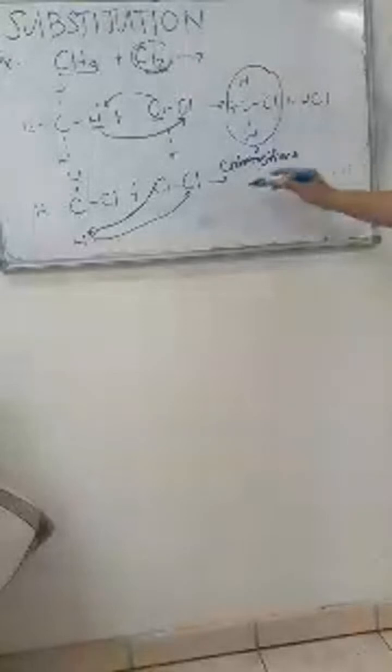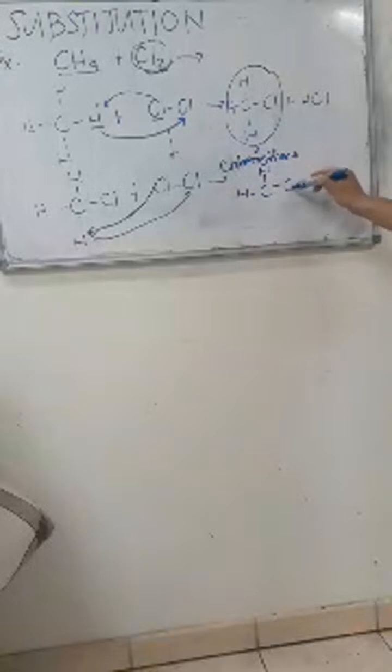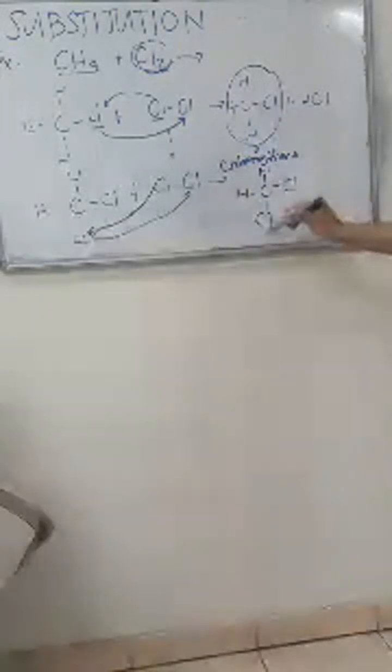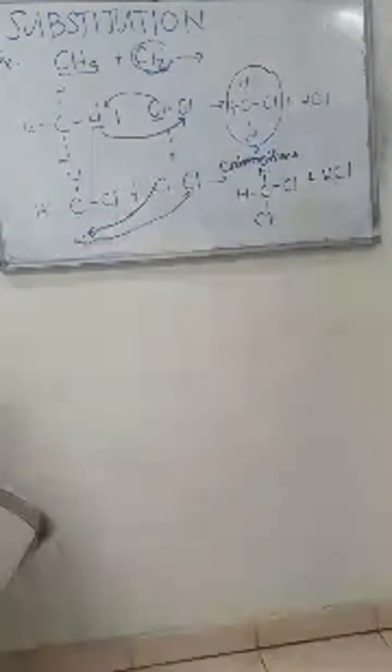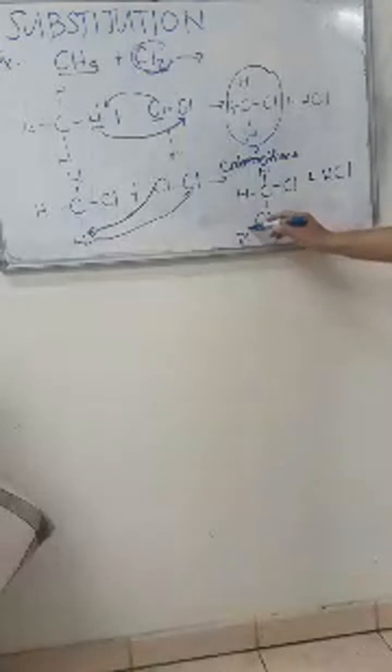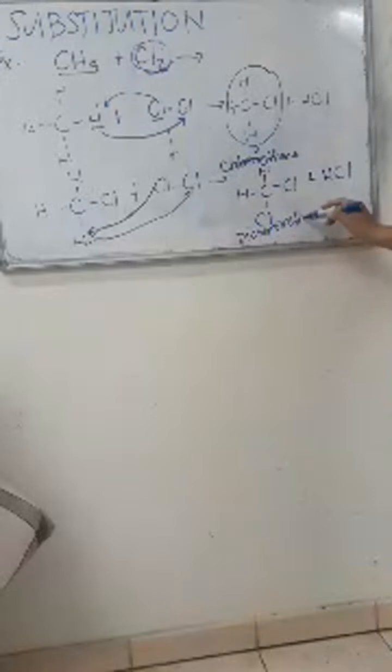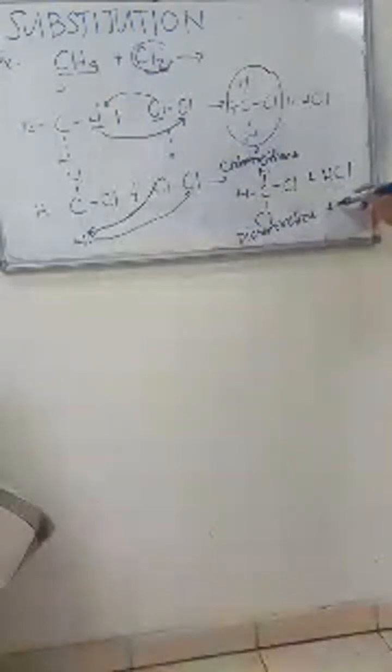So it's going to be H, C, H, Cl, Cl, plus HCl again. What do you call this one? This is dichloromethane, plus HCl. The same with this.